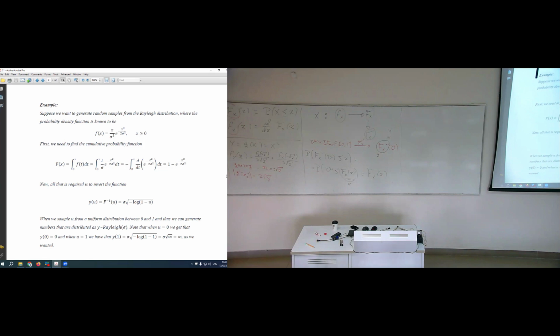So this integral is solvable, and we can find the inverse function. So we take minus 1, and then multiply by minus, and then take the natural log, and then multiply by minus 2 sigma squared, and then take the square root. So that's the answer, but the square root is missing here. So we have to multiply by square root of 2.